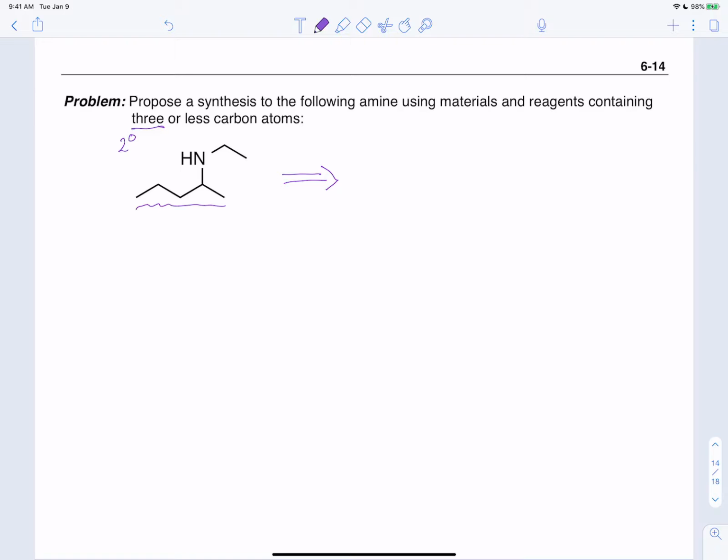So going backwards, we would use the reagent combination of sodium cyanoborohydride, and we'd probably say catalytic amount of acetic acid.